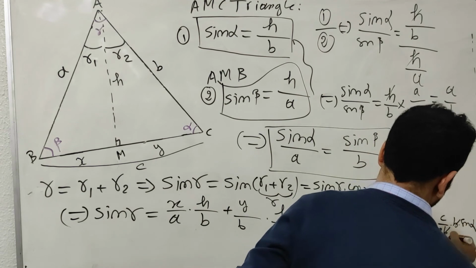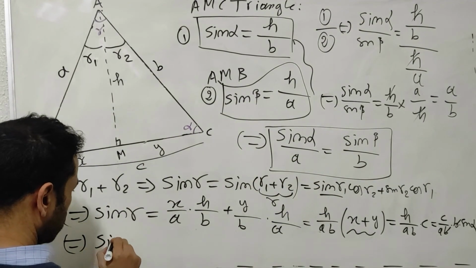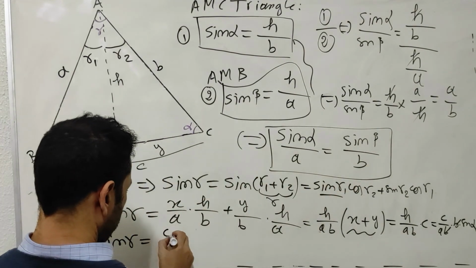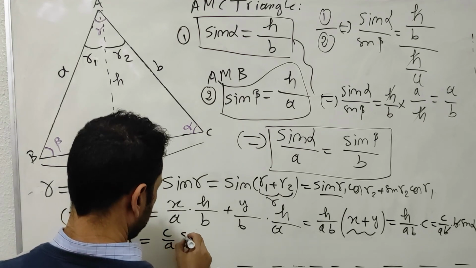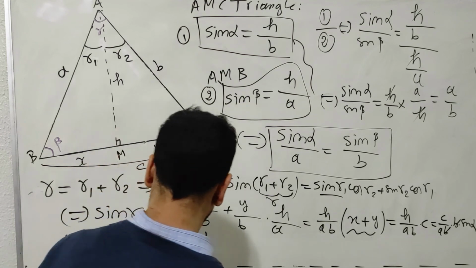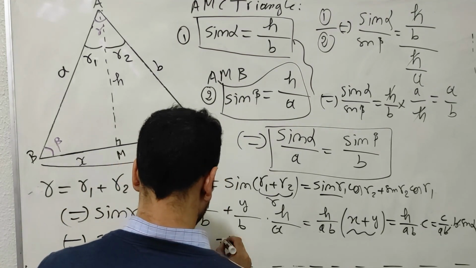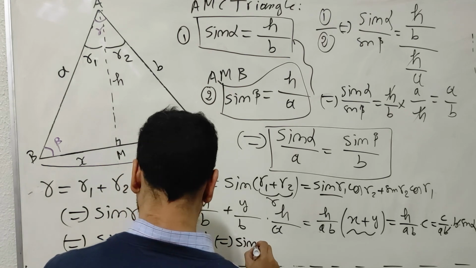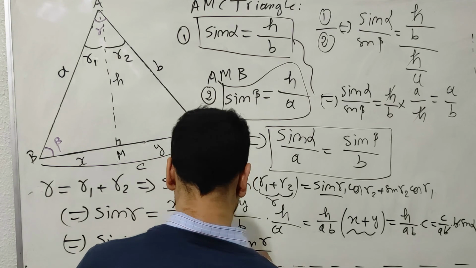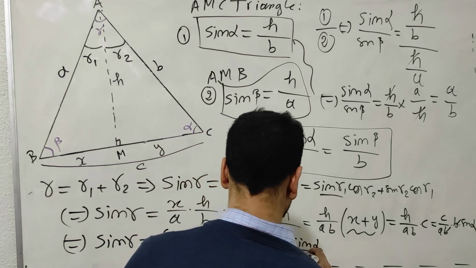One B will be cancelled out, so it's equivalent to sine gamma equals c over A multiplied by sine alpha. I'm going to divide by c on both sides, so I will have sine gamma over c equals sine alpha over A.